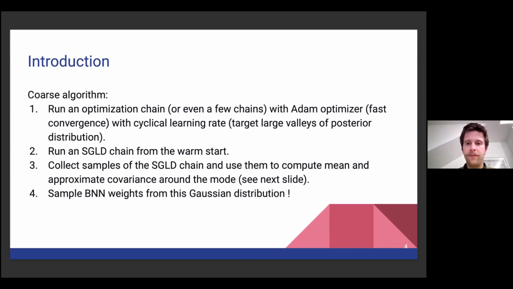And then at the end of these few optimization chains, run a few SGLD chains from the warm start, in the modes of the posterior distribution. Collecting the samples from each of the SGLD chains allowed us to compute the mean and the approximate covariance. And I'll go through the covariance on the next slides.